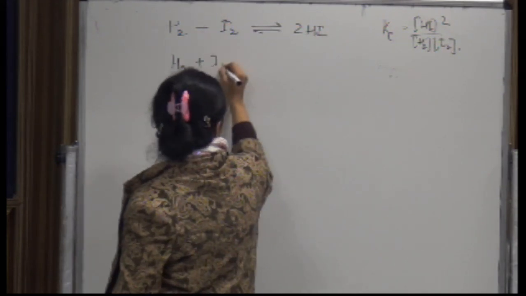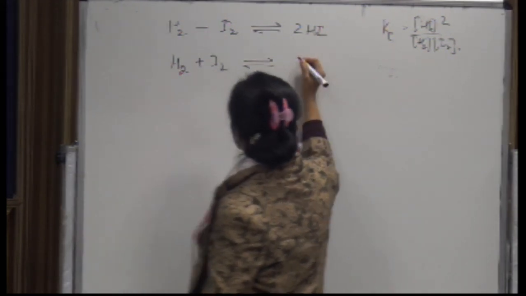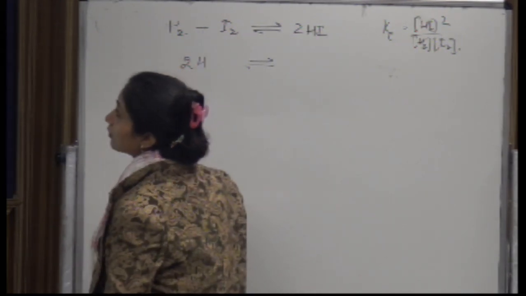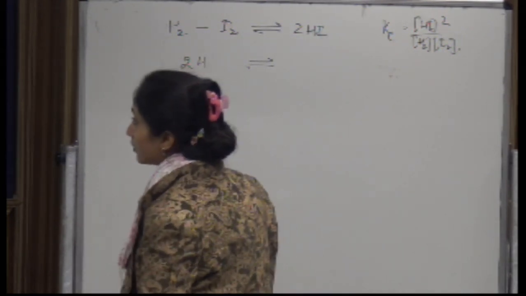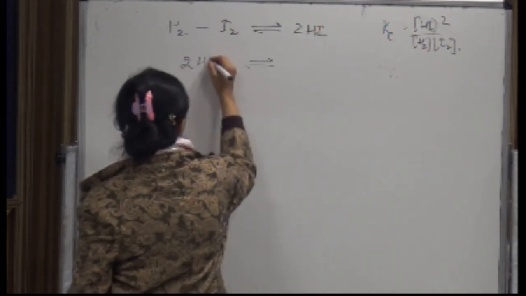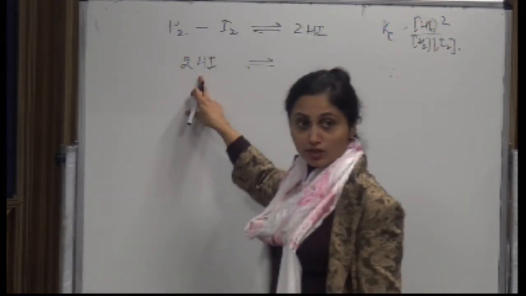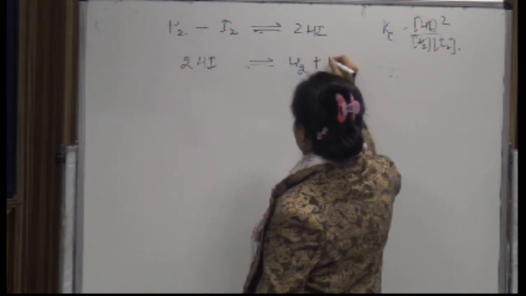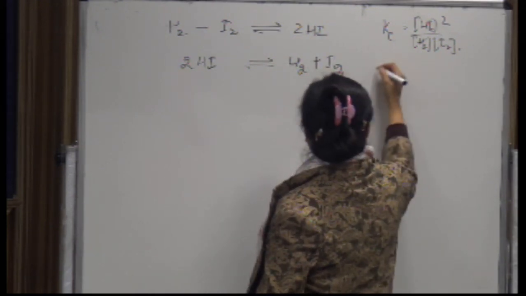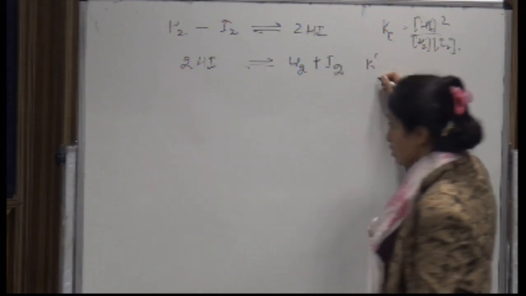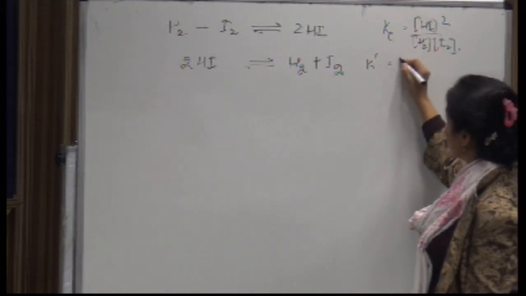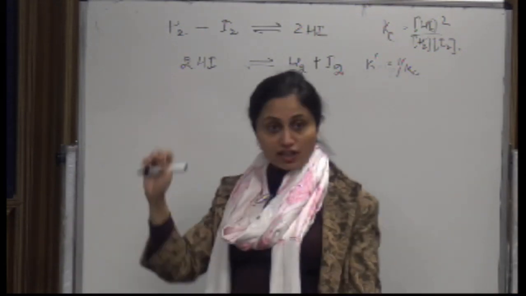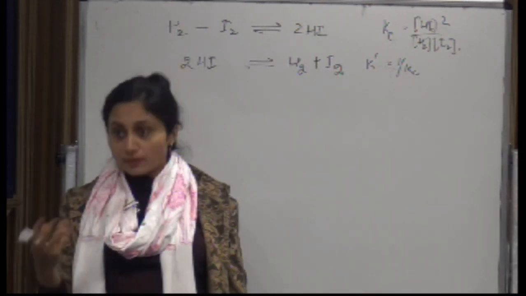H2 plus I2 is giving, the reverse is what? Yes, it will change. We'll just see if 2HI is equal to H2 plus I2, then I know that my new K dash, the equilibrium constant, becomes equal to 1 upon Kc now. Now the question is, if we change the respective stoichiometric coefficients, will Kc change?